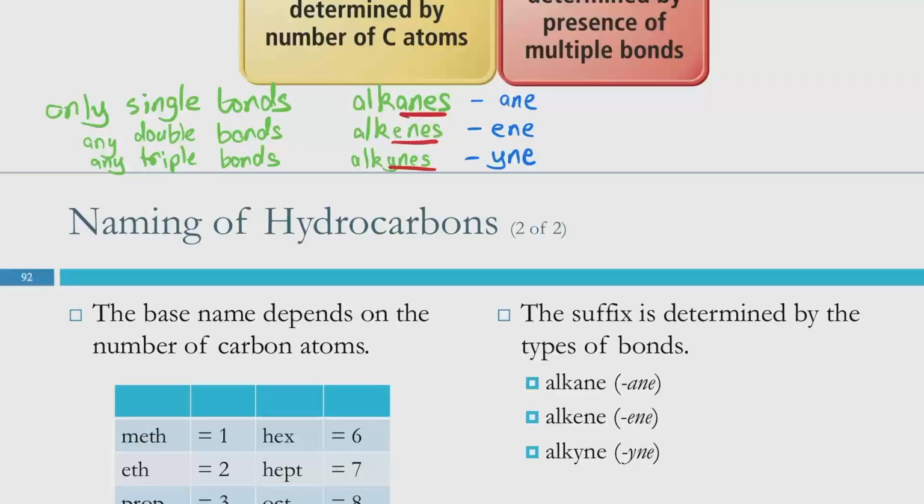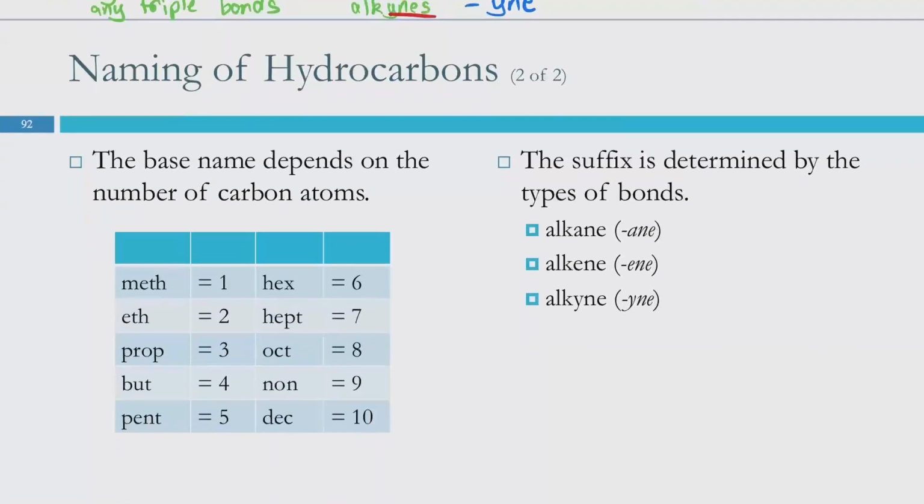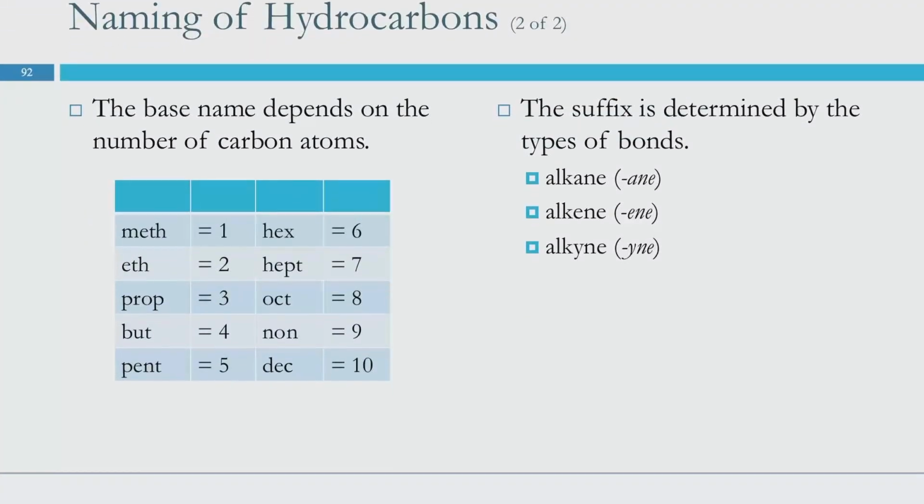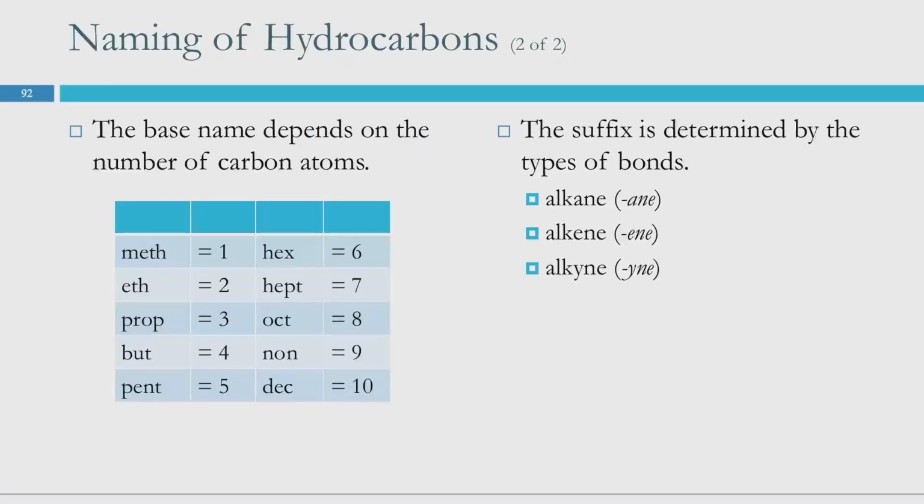And this is showing up on the next slide as well, so if you miss it, don't worry. So our base name depends on the number of carbon atoms, and then the suffix is determined by the types of bonds. So alkanes end in ane, alkenes end in ene, alkynes end in yne, Y-N-E, for their names.